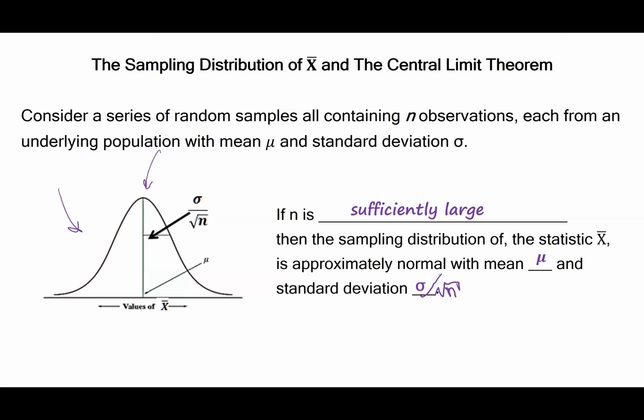And the idea is the bigger your sample size is, the smaller this gets. So this is that sigma of X bar. Because you're dividing by the square root of n, if n gets bigger and bigger, sigma over the square root of n gets smaller and smaller.